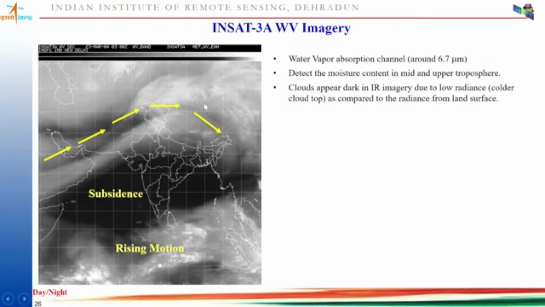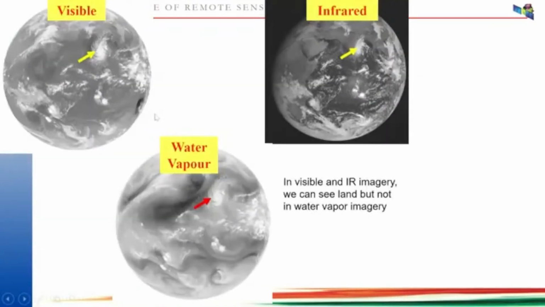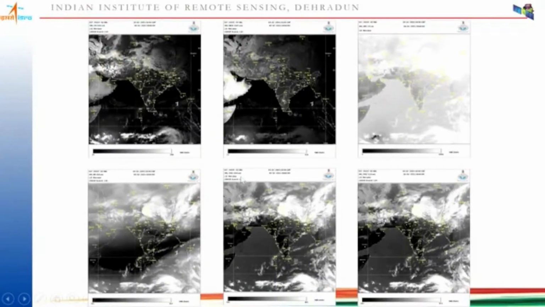So regions of high moisture absorb radiation from below and therefore correspond to lower brightness temperature. And from the cloud top temperature we can identify different types of clouds. So in a nutshell, this is how it looks in the visible, infrared, and water vapor, and how we interpret it.